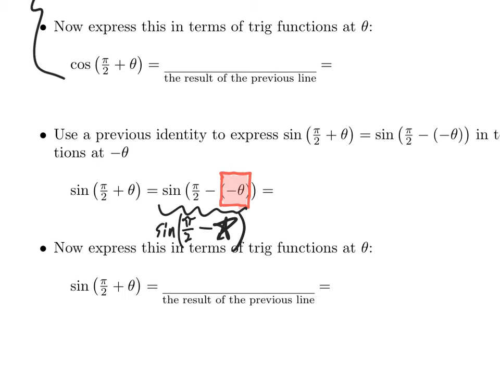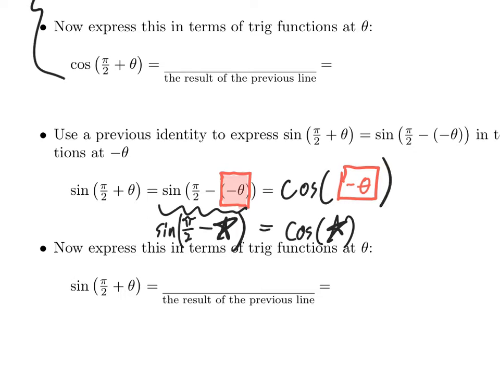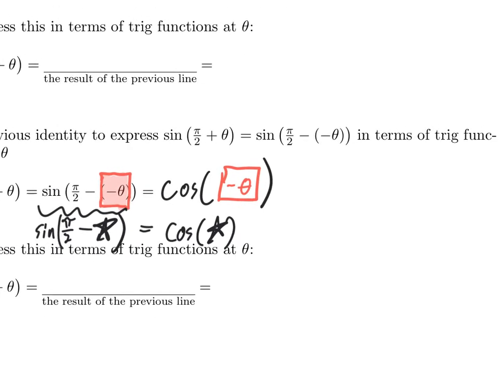Well, the sine of pi over 2 minus a number is the same thing as the cosine of that number. So using that fact, the sine of pi over 2 minus a thing in a red box will be exactly the same as the cosine of the thing in that red box. And what is in that red box? Well, negative theta is in that red box. So the sine of pi over 2 plus theta is exactly the same thing as the cosine of negative theta.